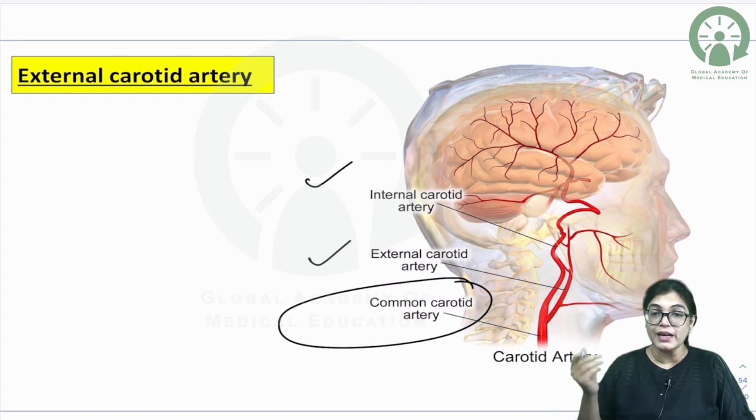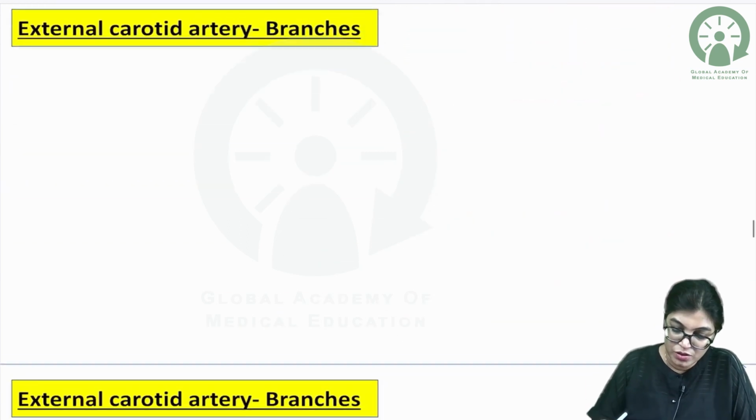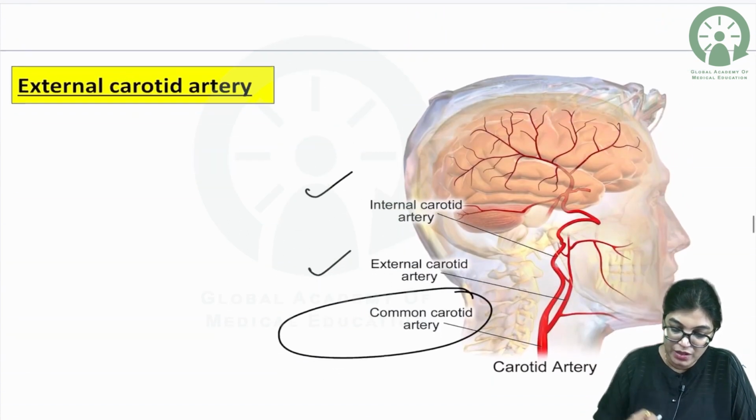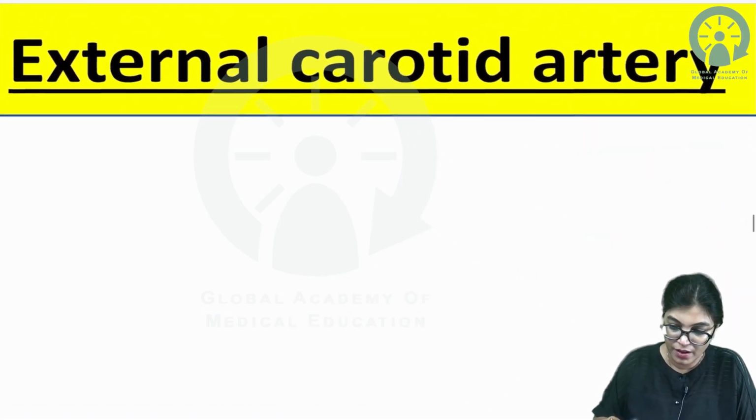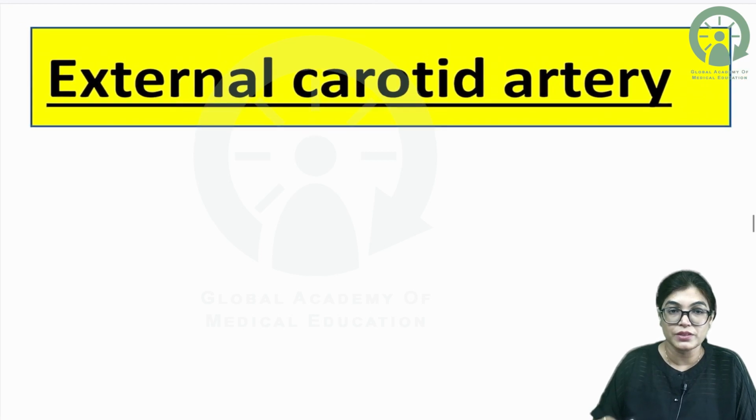There are 2 terminal branches and 6 branches are given in the carotid triangle. So you can just write down the branches. Before that, write down the details about external carotid artery.